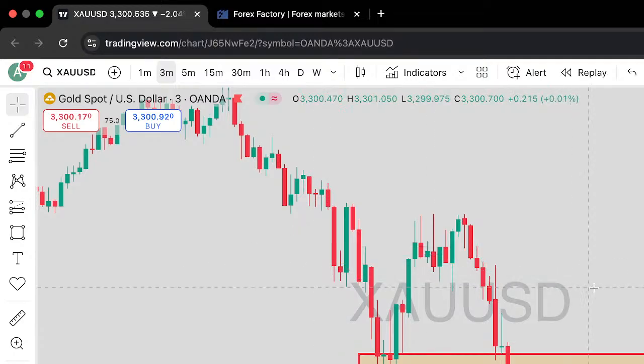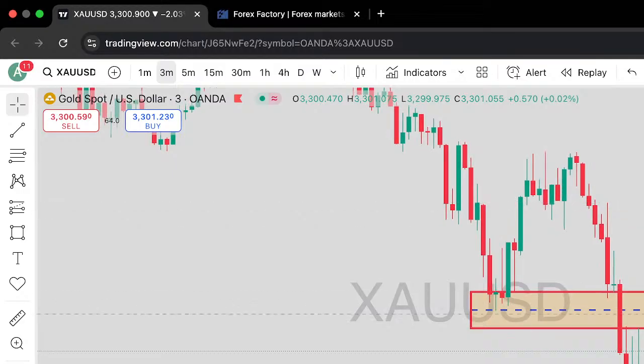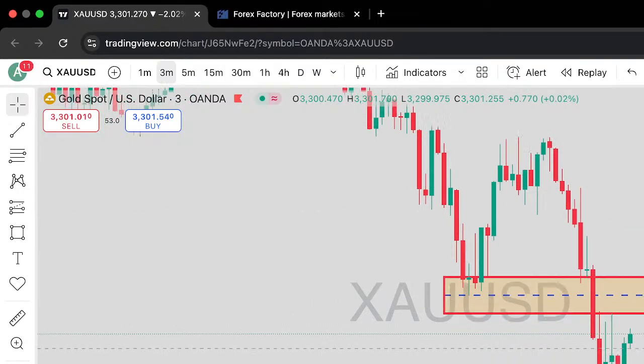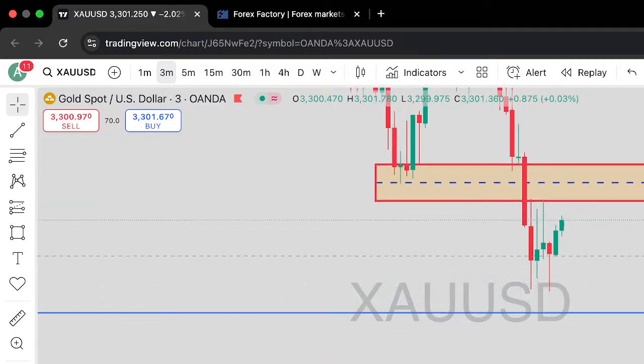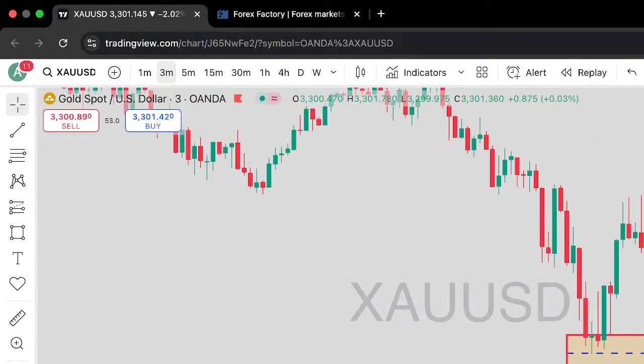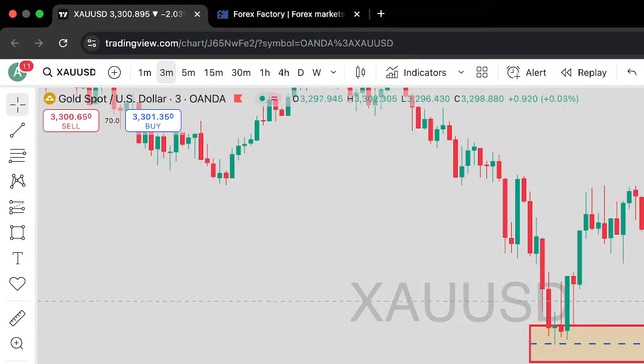What I'm expecting right now is that price should respect this area, and we should have a straight drop towards 3,293, exactly that gap which is formed from this low to that high. So that's a straight drop.